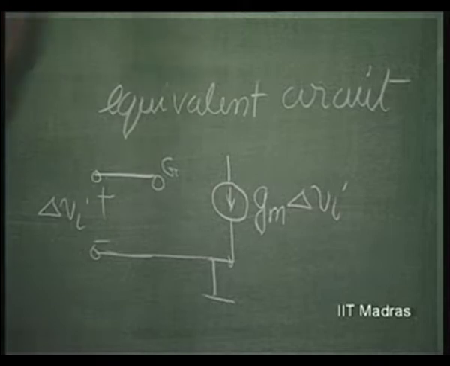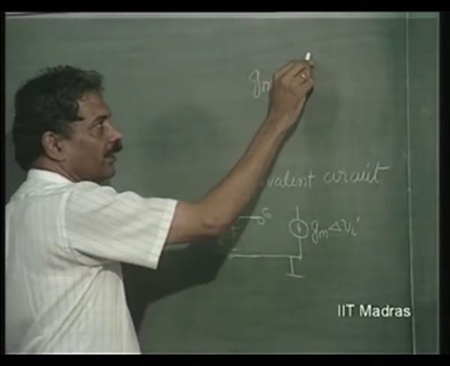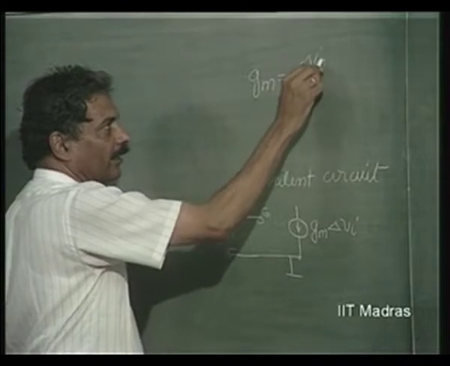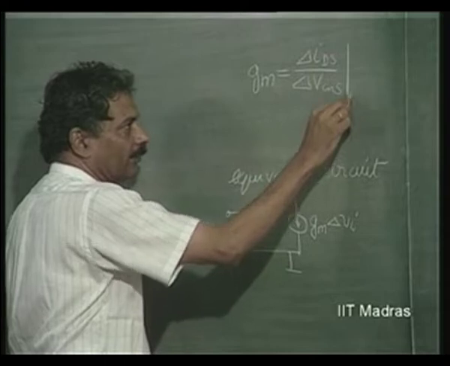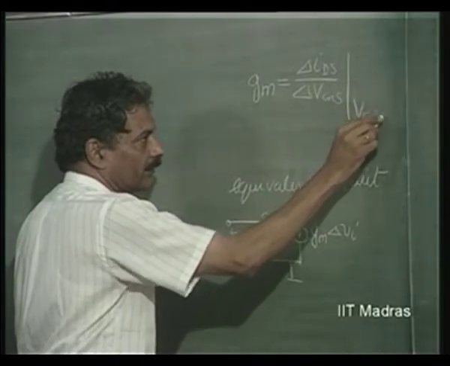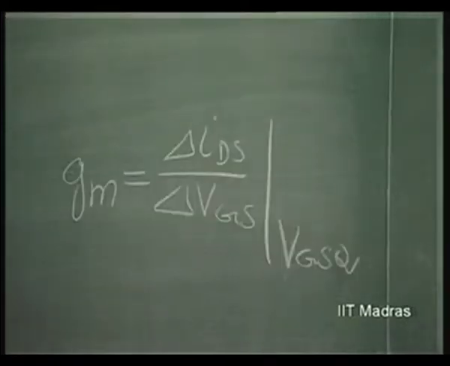What is Gm? Gm is defined as delta IDS by delta VGS at a particular value of VGSQ. This is the definition of Gm.